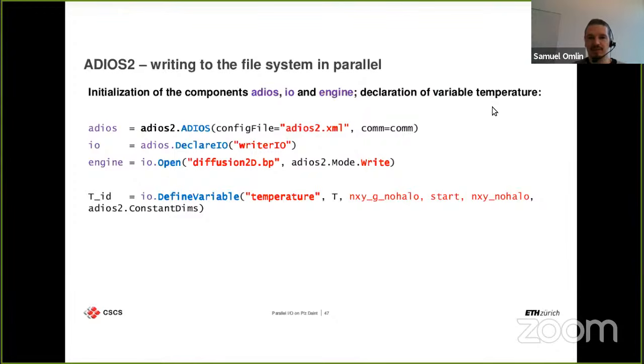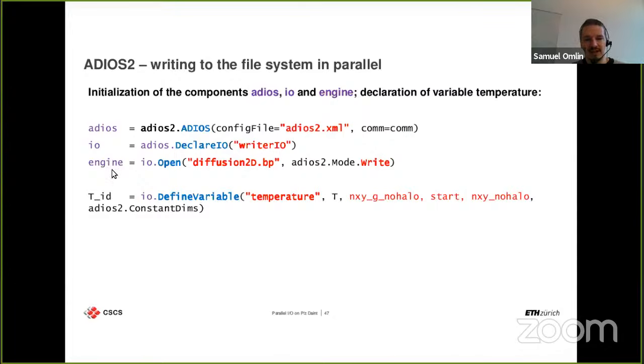And we declare the variable temperature. Here you see how you initialize it, and you pass it the configuration file. Then we declare an IO, which we call here writer IO because here we define how we write the stuff.